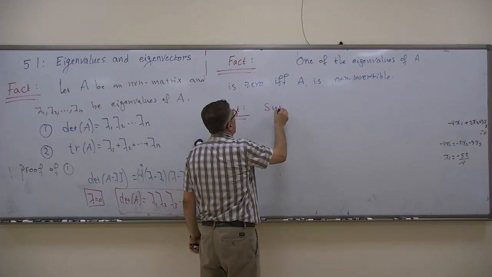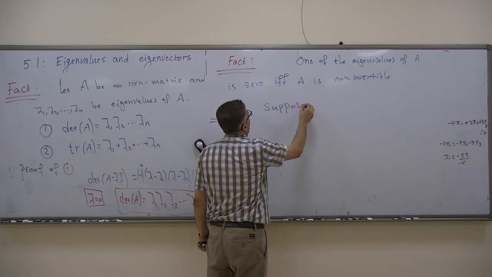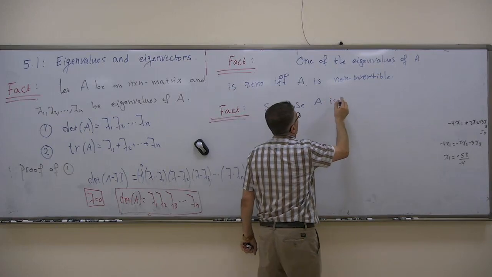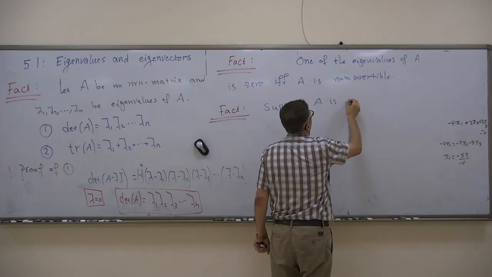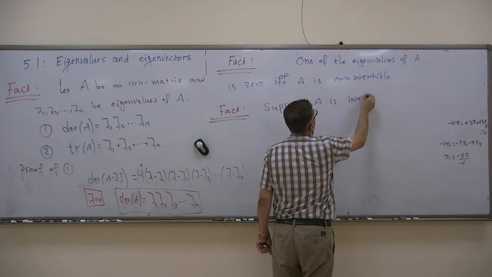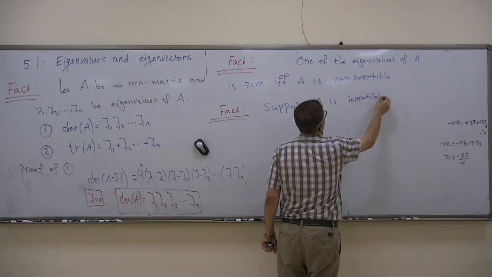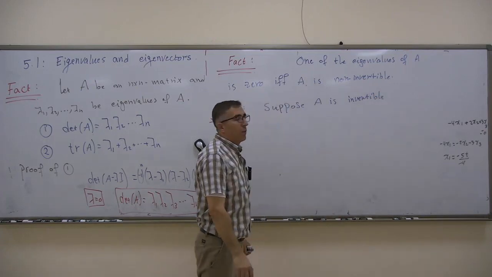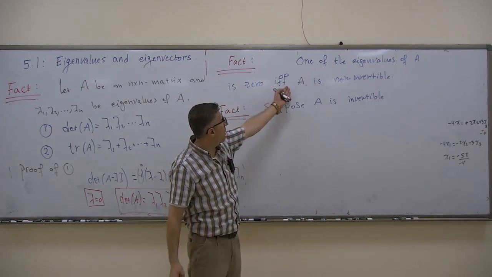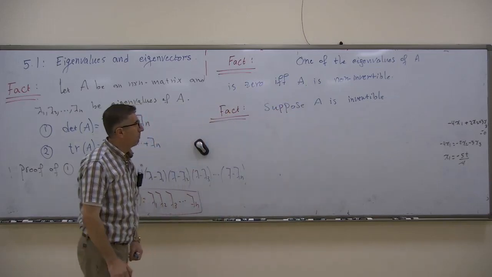Suppose A is invertible. So none of the eigenvalues, based on this fact, is 0. Okay?